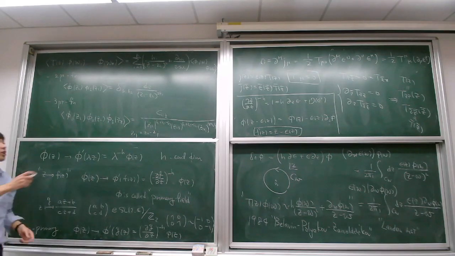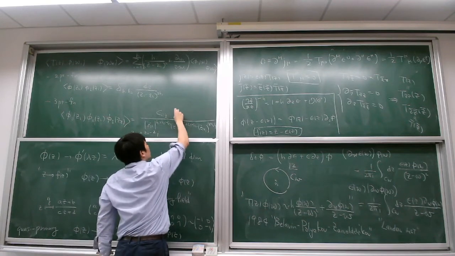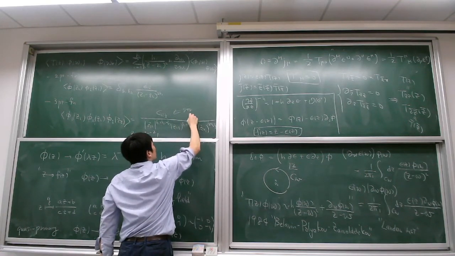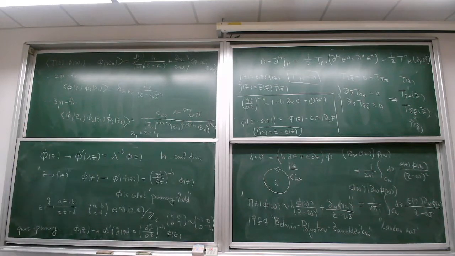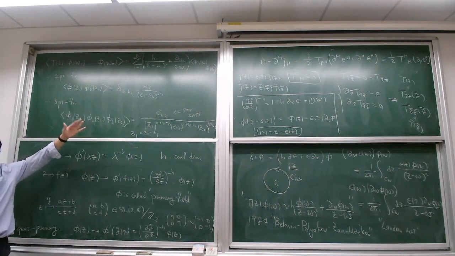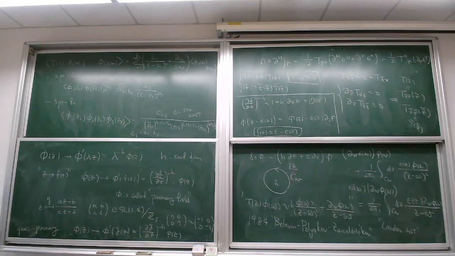This is called the structure constant. There are lots of open problems, for a given conformal field theory, to determine the 3-point structure constant in the 3-point function. It's not that simple. Okay. Any questions so far?